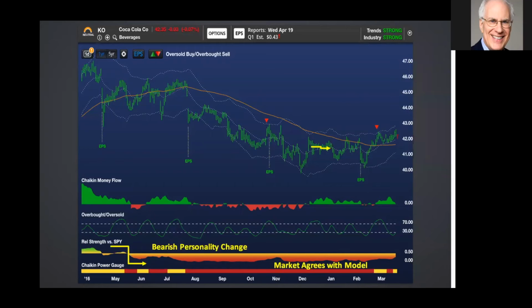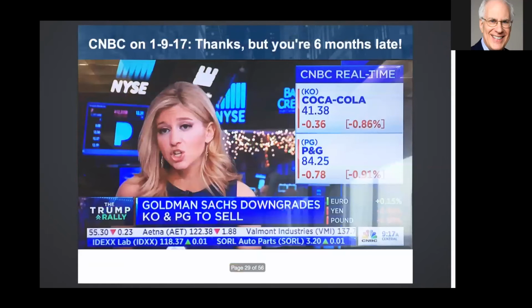Now, I've got this yellow zigzag here in mid-December when the stock was trading at 41.5 because in January, Goldman Sachs downgraded Coca-Cola and Procter & Gamble.